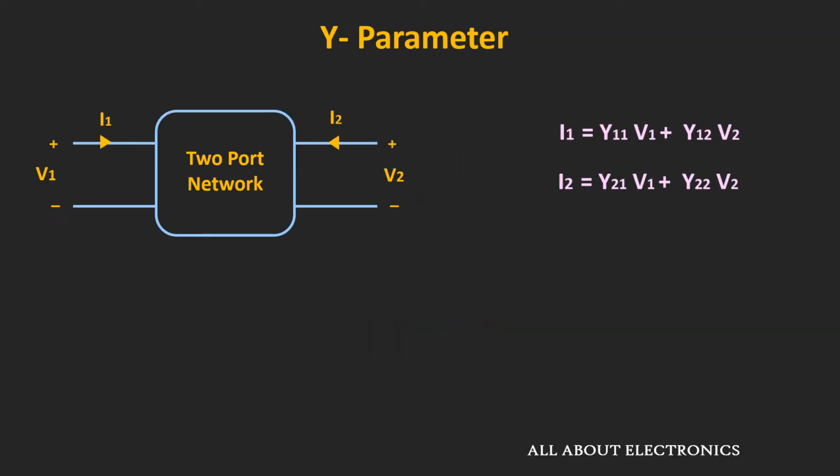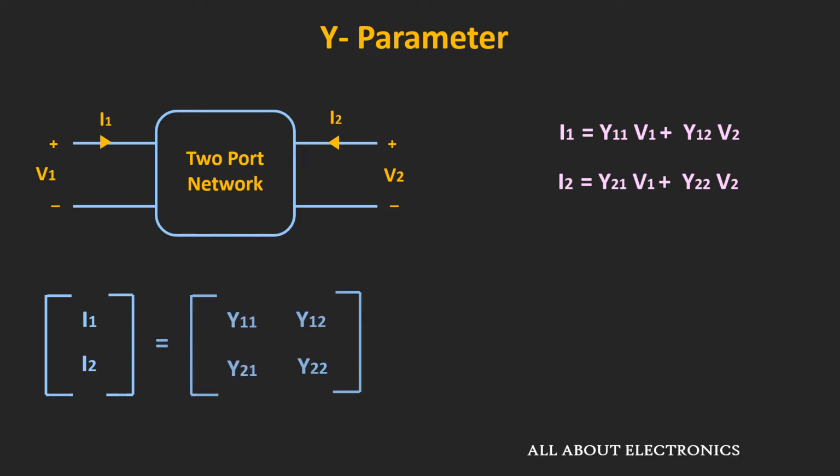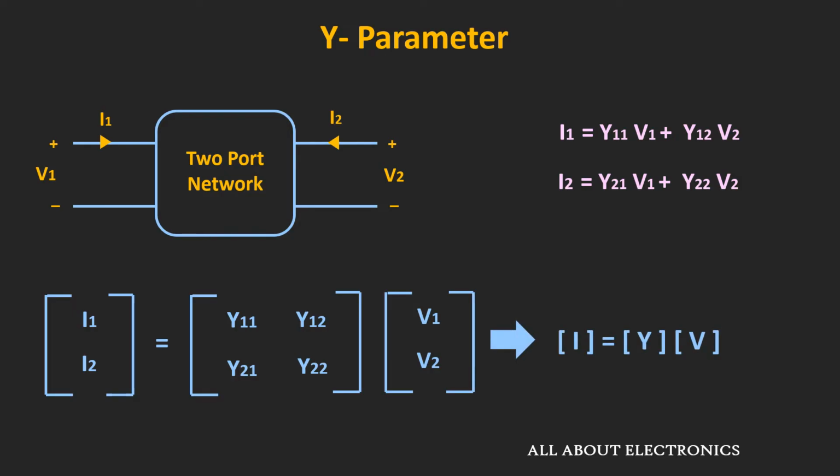Now, these expressions can also be expressed in terms of the matrix form. That is, I1 and I2 is equal to matrix of the Y parameters times V1 and V2. Or simply it can be represented by I is equal to Y times V.